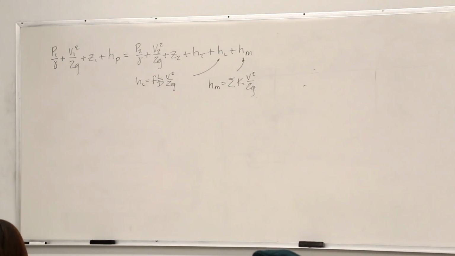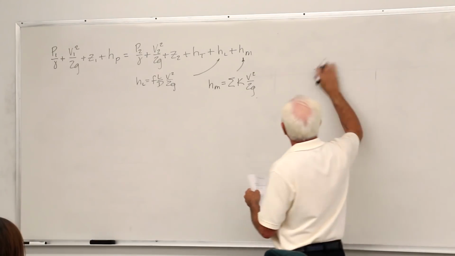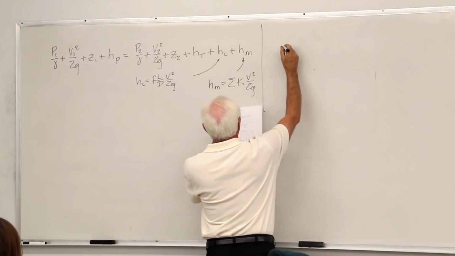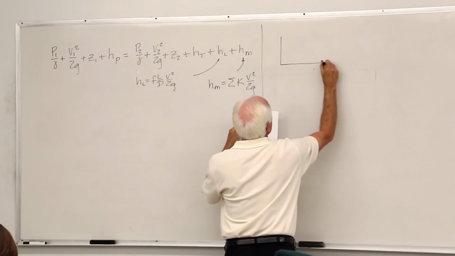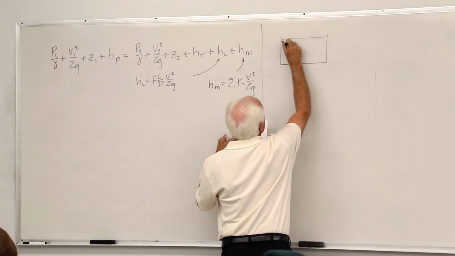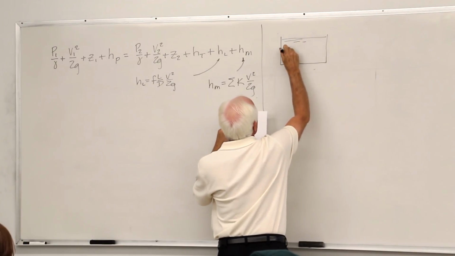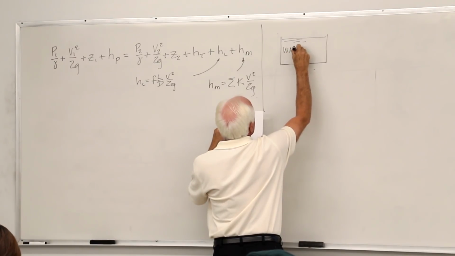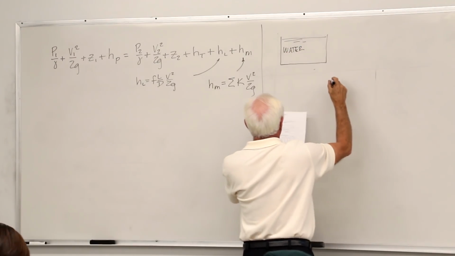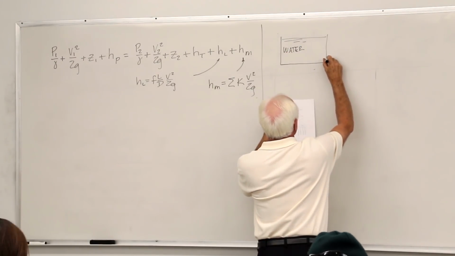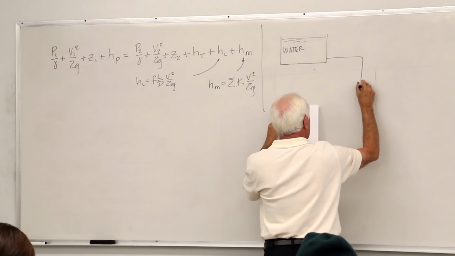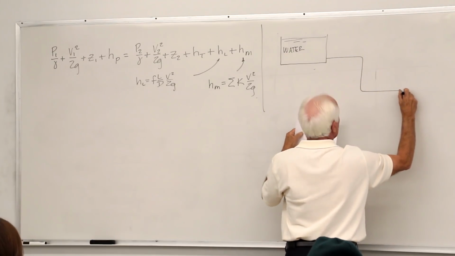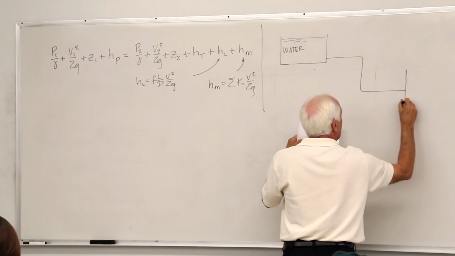We have 2 reservoirs with water at 20 degrees C. Reservoir 1 is up here, water at 20 degrees C, going into a pipeline, because this makes an elbow down here, elbow here, ends up down here.